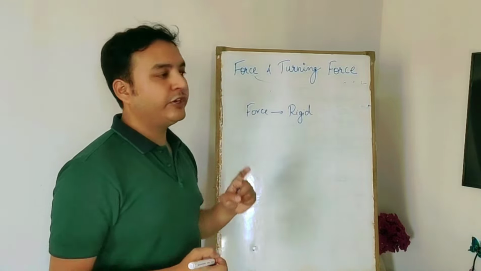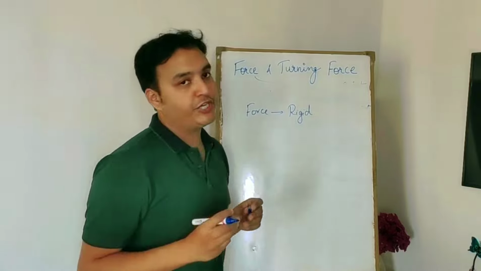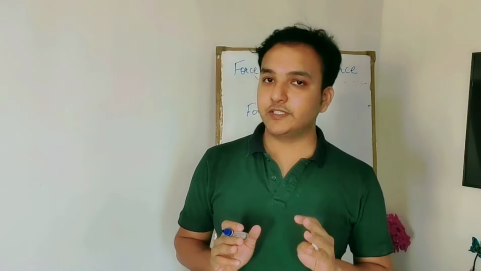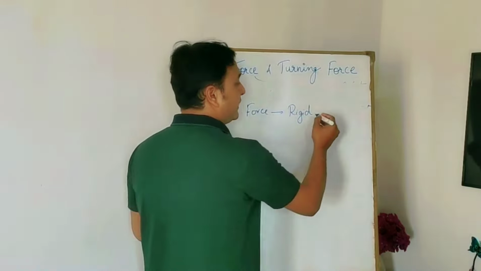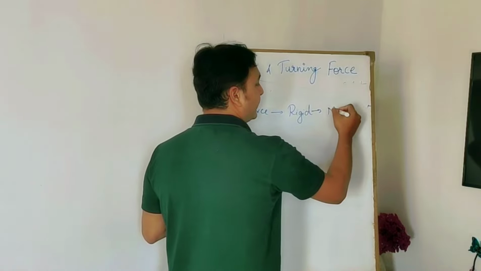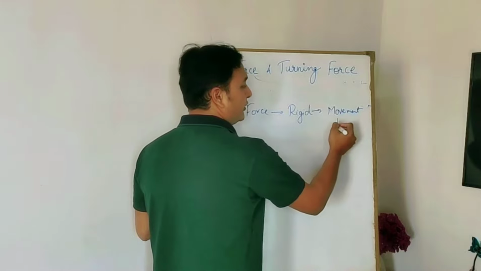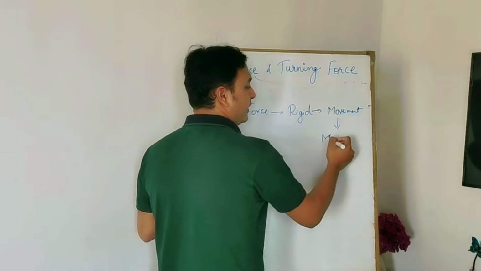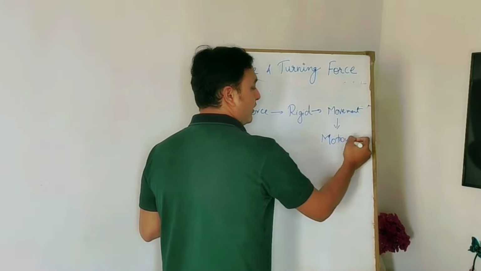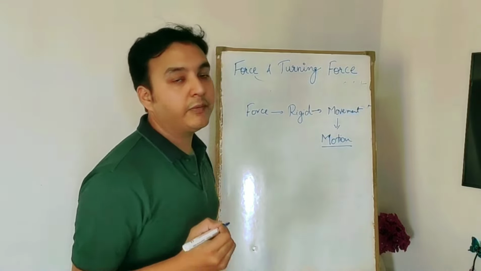When it is applied on a rigid body, it is not going to change its shape, it is not going to change its size, but it will give it a movement. The body is going to move, or the body will have a motion.